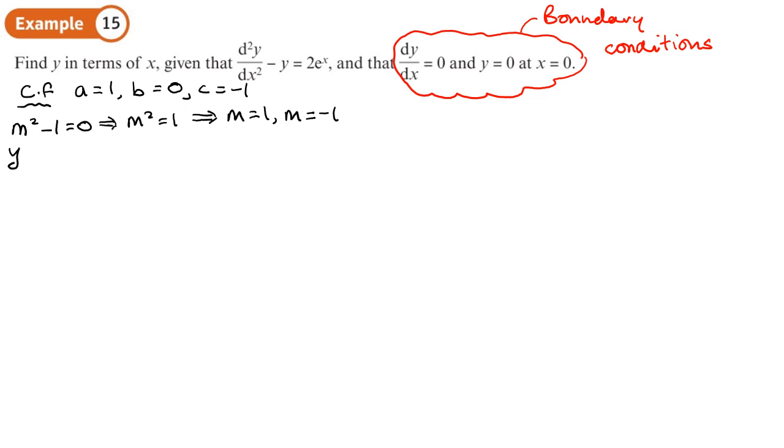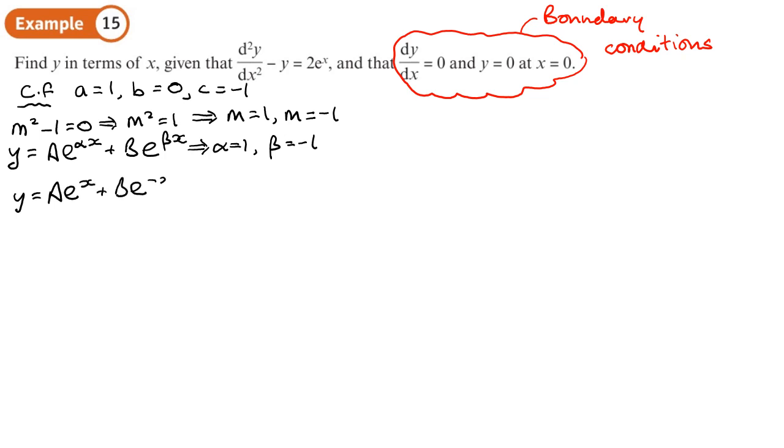When I have two real solutions, my general solution is of this form, with alpha equals 1, beta equals -1. So I have y equals a e to the x plus b e to the negative x. This part here is my complementary function.